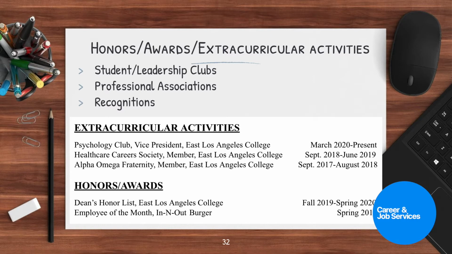We listed the name of the student club, their title, and where they were involved with the student club. Under the honors and awards header, we highlighted the students' recognitions, such as Dean's Honor List and Employee of the Month. There are different ways you can list your accomplishments. Notice how the dates are listed in chronological order, meaning most recent first.